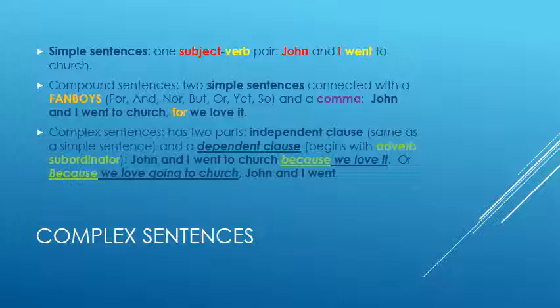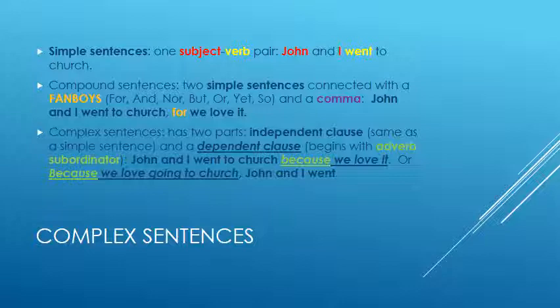You'll notice that there is no comma before because. However, when we put the adverb subordinator at the beginning of the sentence, because we love going to church, John and I went, you'll notice that we do put a comma after the dependent clause. So this is a difference between these 2 ways of writing it.